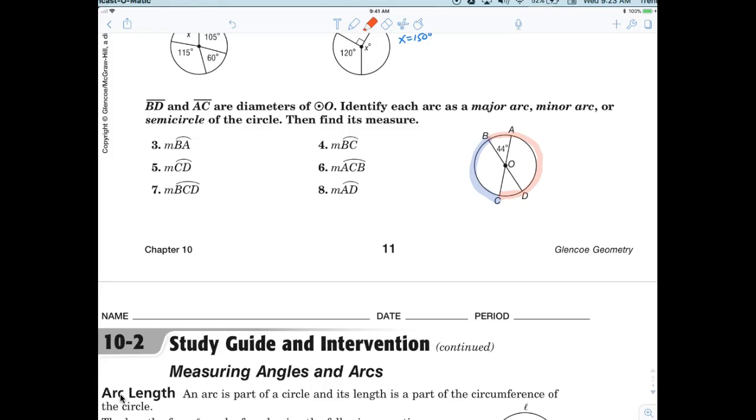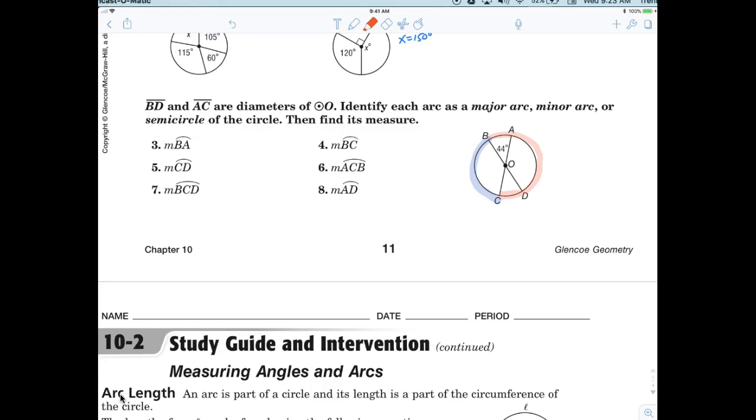I just can't say BC, because BC would always define the minor. So if there are 2 letters, automatically you know it's minor. It's always.